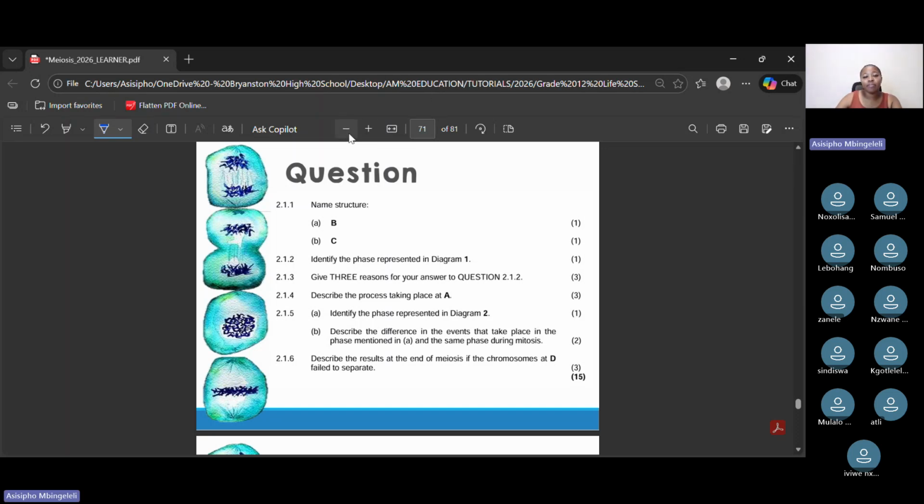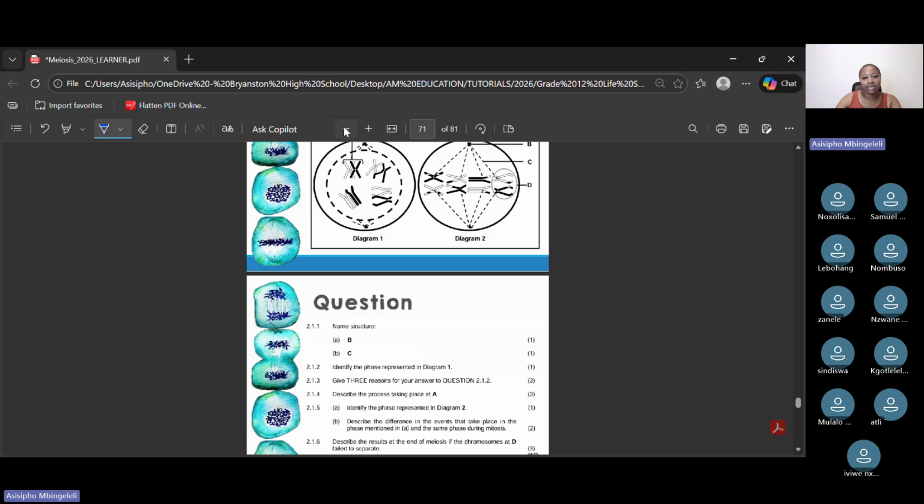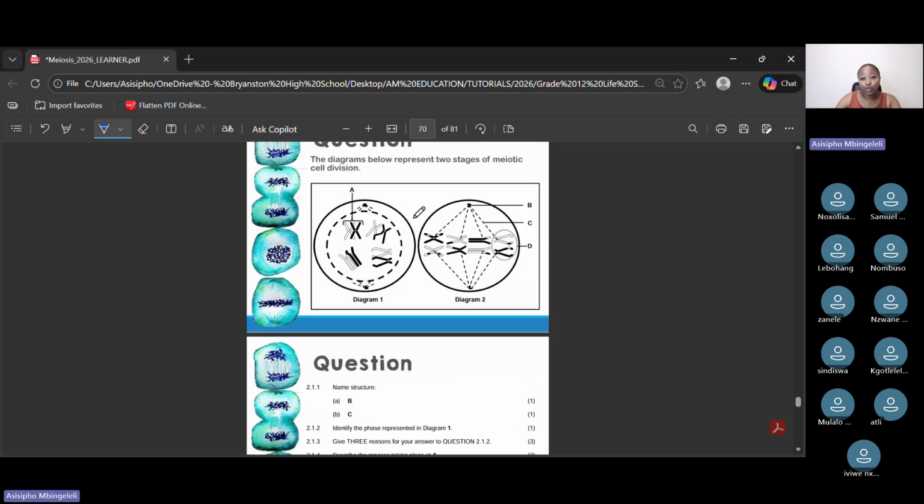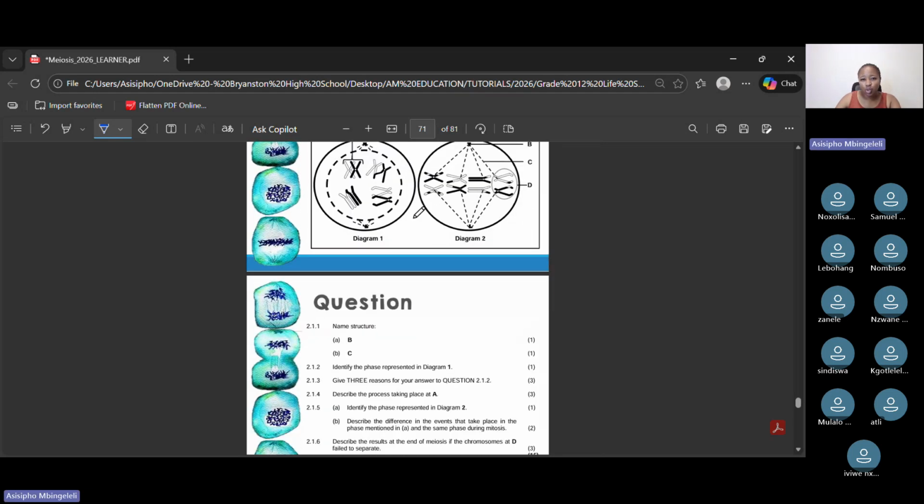This is from November 2023. It's probably way too small. Please tell me if it's too small on your side so that I can zoom in a little bit.